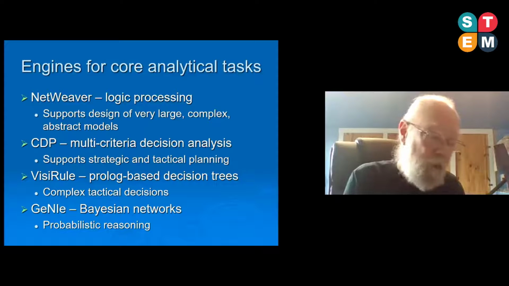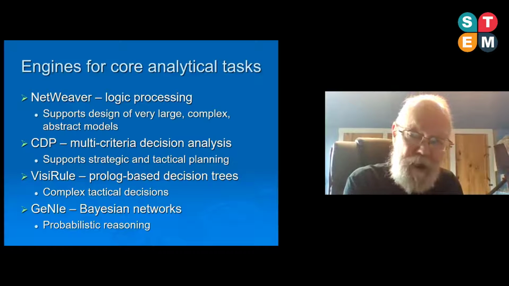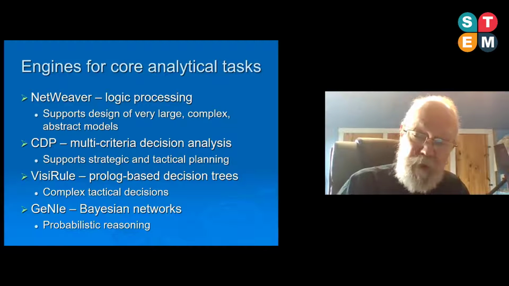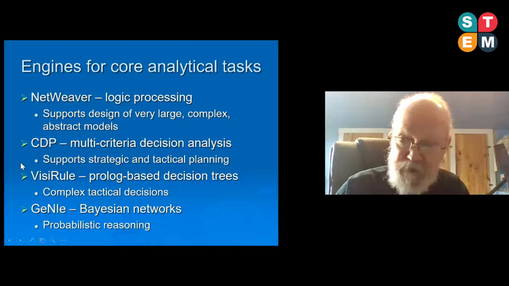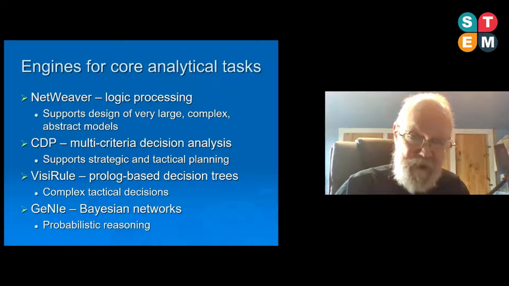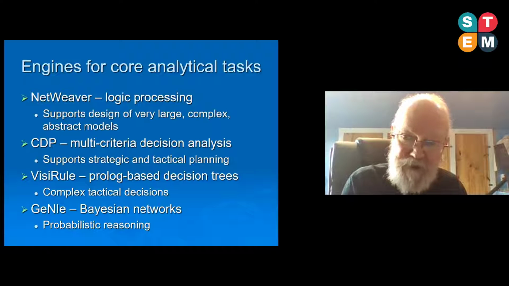Now, this is sort of the core of what I wanted to talk about. EMDS is a rather large, complex system. There's a core which manages the interoperability of a variety of analytical engines, and that's what I have here. So I'm going to just briefly review these. The first and foremost, which has been around forever in our technology, is a system called NetWeaver, which uses logic-based processing, in fact fuzzy logic in particular, to support the design of very large, complex, and abstract models.